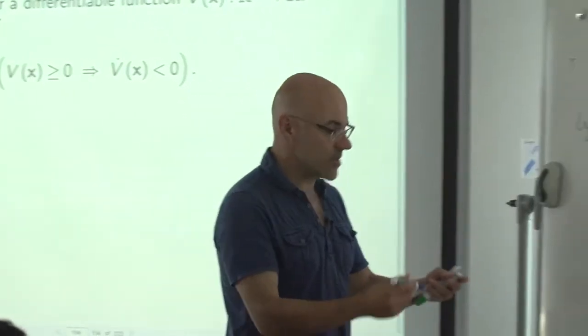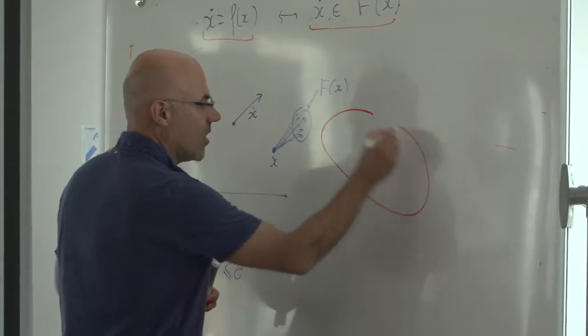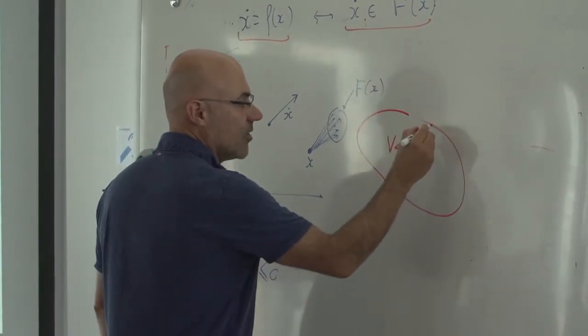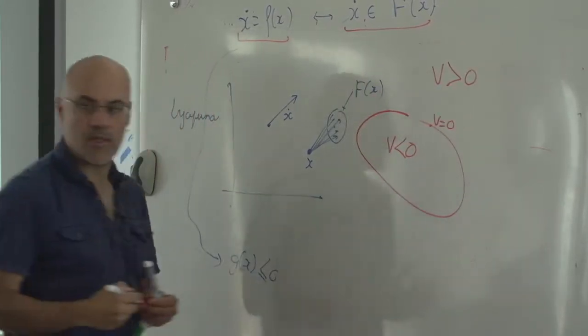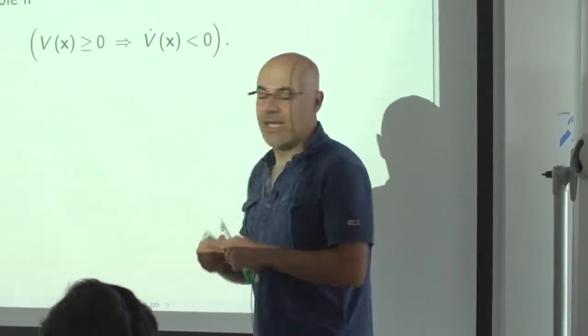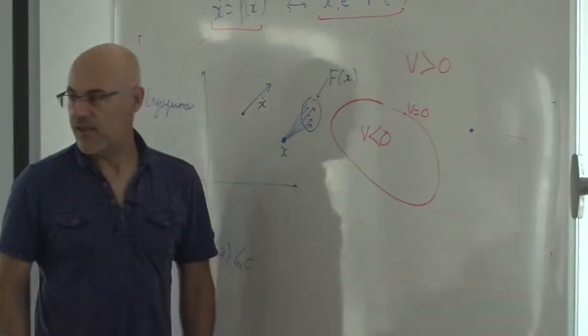It means you are in the safe space, and you have a set like this, where here V is negative, here V equals 0, here V is positive. A Lyapunov approach in this context tells you, if I am outside this set, then V will decrease.